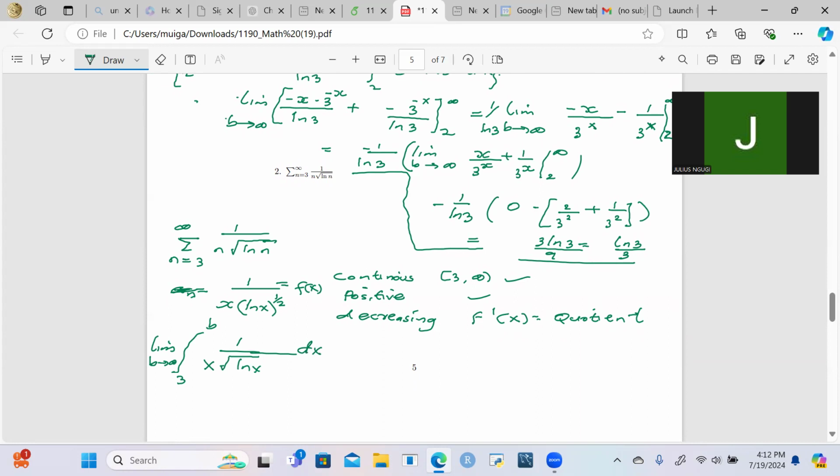And this we use u substitution because you have a derivative of a function and the original function inside it. So we usually choose u to be the function in the root sign, ln of x. So that will imply that we change the variables, and our du will be equal to 1 over x with respect to x.